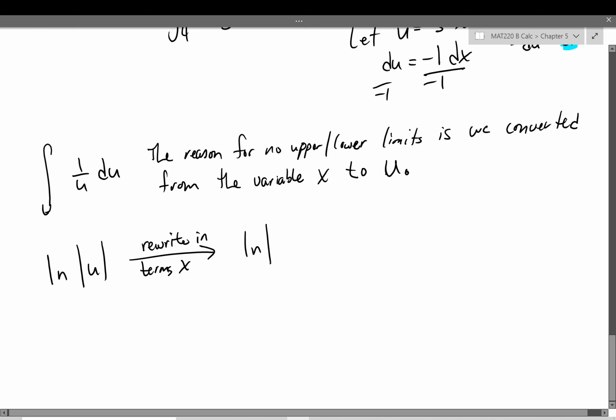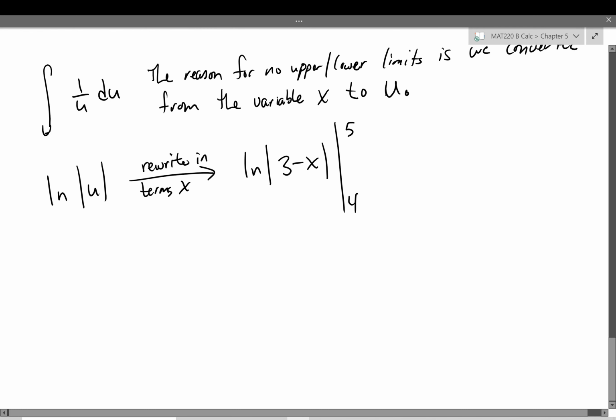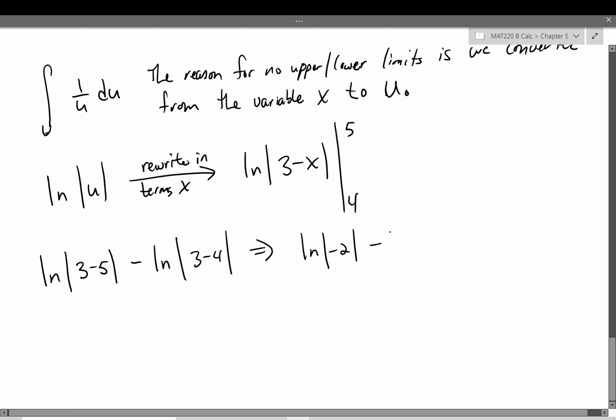Now, remember, we let u equal 3 minus x, so this is going to be the ln of the absolute value of 3 minus x. Now I can evaluate this between 4 and 5. If I evaluate this between 4 and 5, I get the natural log of the absolute value of 3 minus 5 minus the natural log of the absolute value of 3 minus 4, which is the natural log of the absolute value of negative 2 minus the natural log of the absolute value of negative 1.